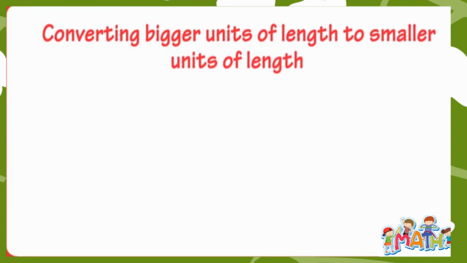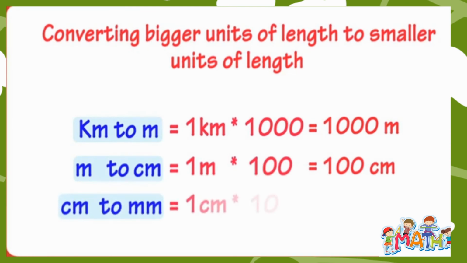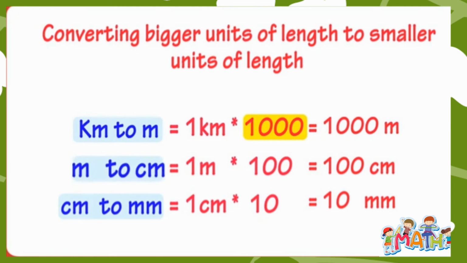Whenever we convert bigger units to smaller units of length, we will multiply. For kilometers to meters, we will multiply by 1,000. For meters to centimeters, we will multiply by 100.